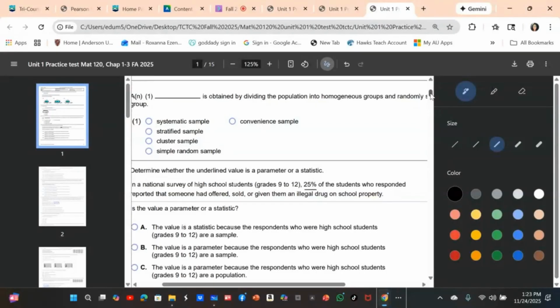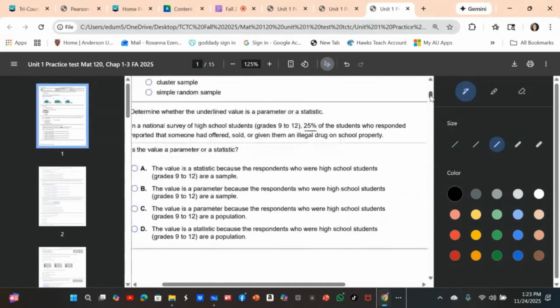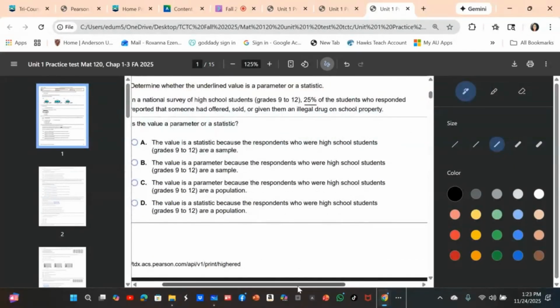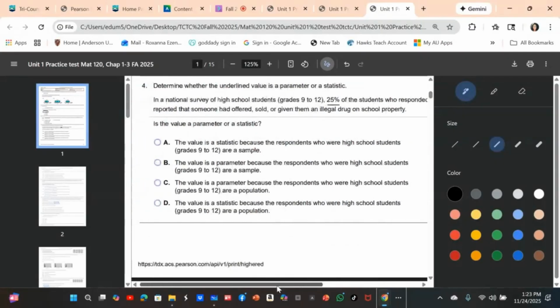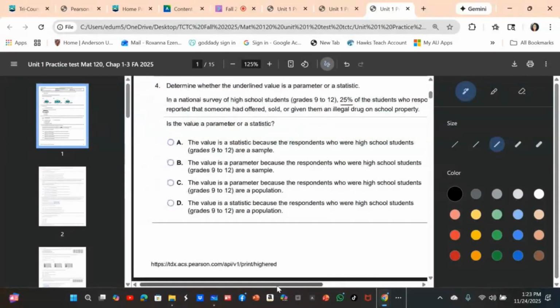So SRS must always be used. You can use it in combination with any sampling method. All right, let's keep on going with this.